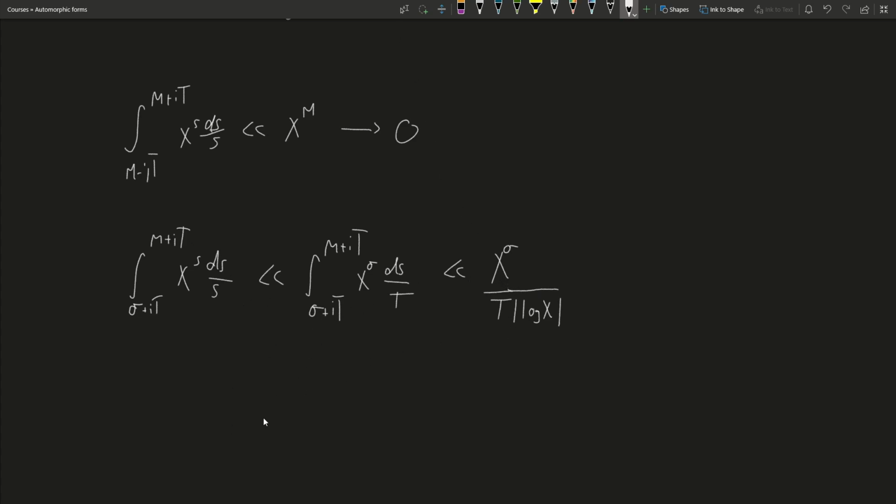And then, of course, the bottom part of the rectangle is exactly the same.